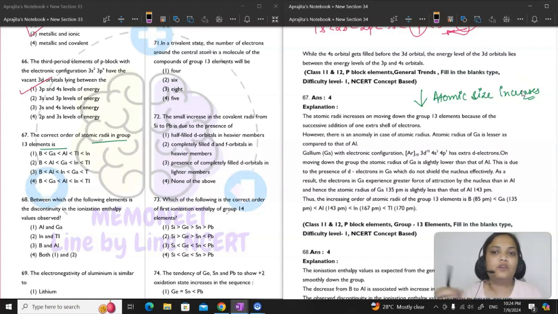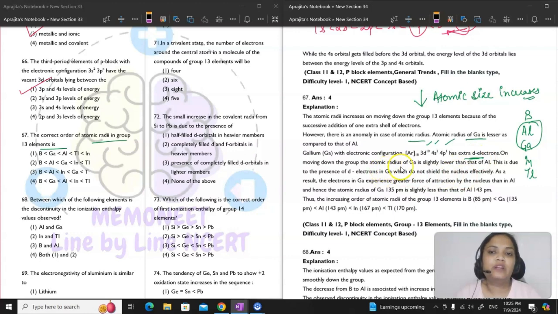But there is one anomaly, one exception, which is gallium and aluminium. Of course, moving down the group, the order should be boron, aluminium, gallium, indium and thallium, right? But gallium has the configuration argon 3d10 4s2 4p1. It has extra d electrons.